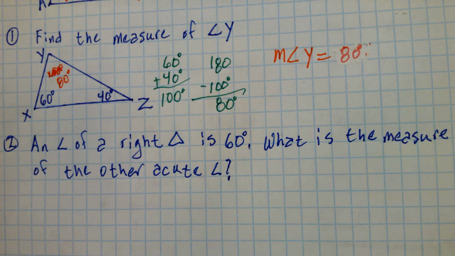Okay, so write that down. An angle of a right triangle is 60 degrees. What is the measure of the other acute angle?